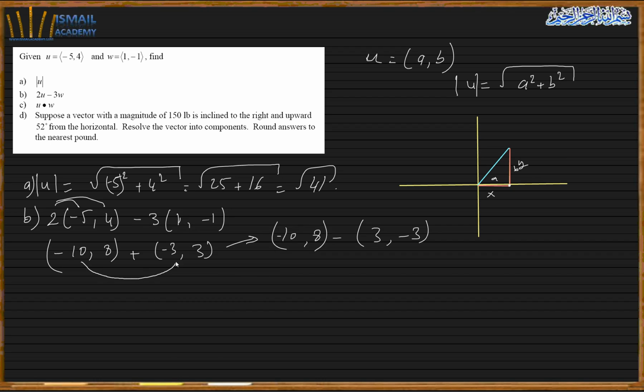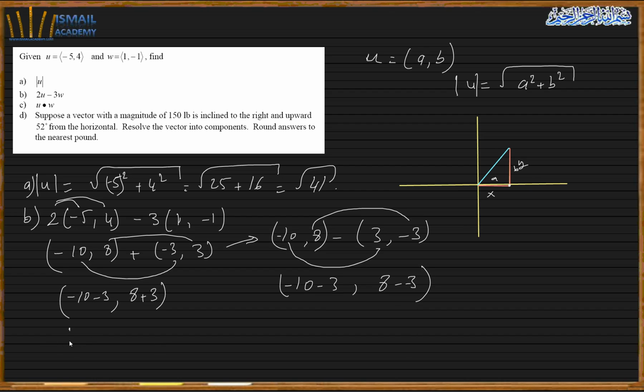So here I will add this with this and add this with this. Here I subtract this with this and I subtract this with this. So here I will have minus 10 minus 3 as the first coordinate, and 8 minus 3 as the second coordinate.